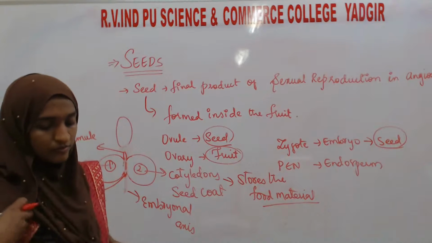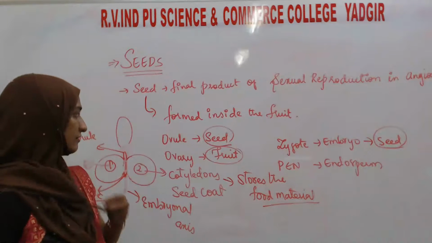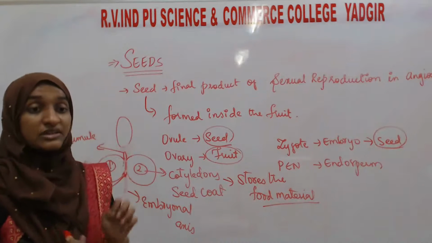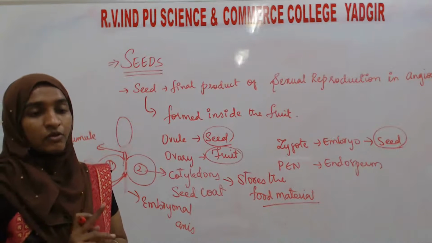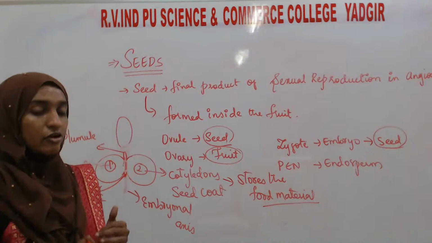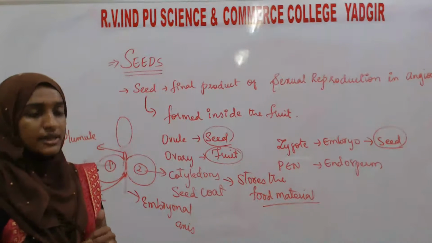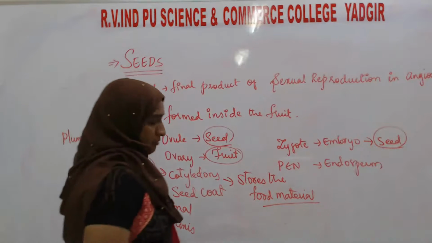Mature seeds are of two types. What are the two types?